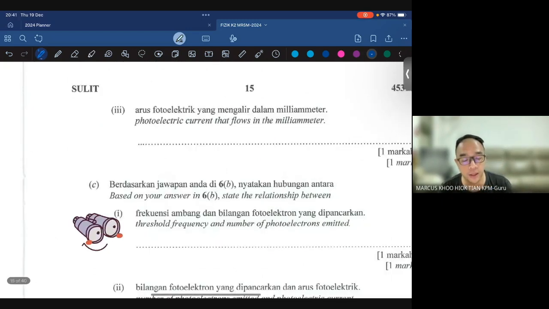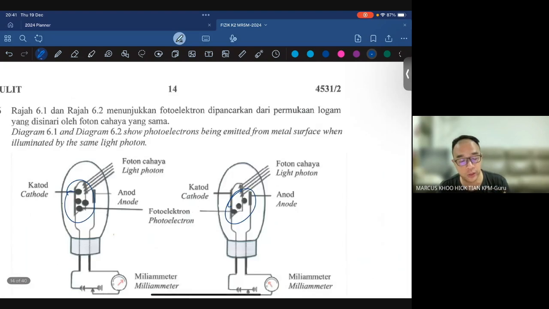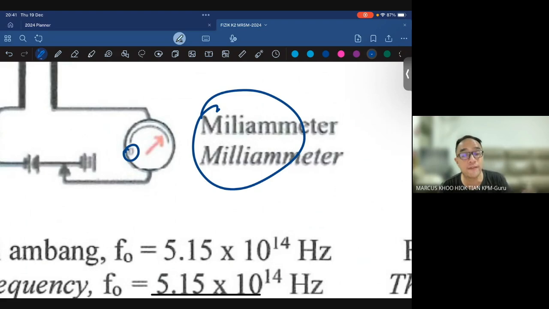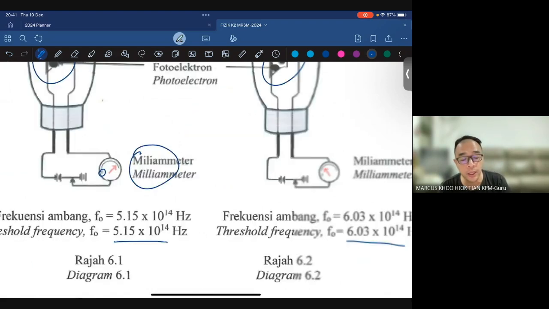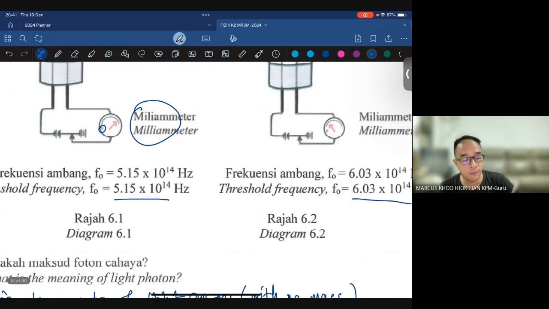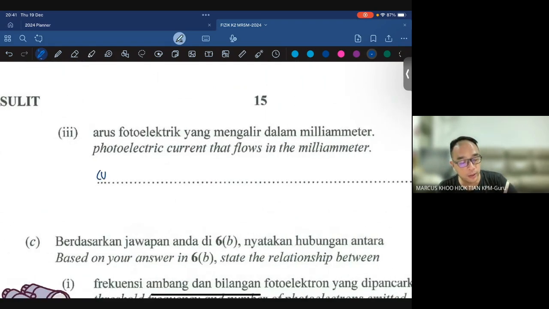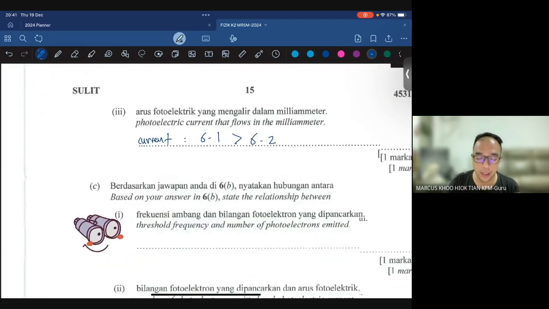The third one is the photoelectric current. Take a look at this milliammeter. The 0 is on the left side, which means that 6.1 is bigger than 6.2. So the current in 6.1 is bigger than in 6.2. I think it's pretty easy.